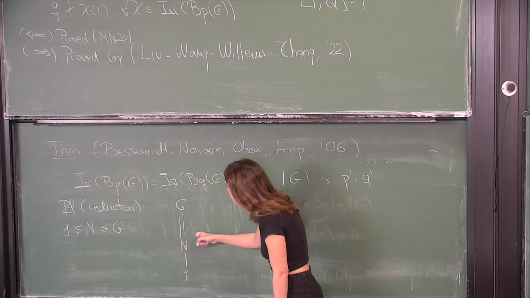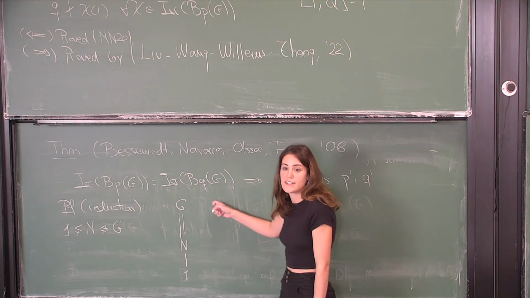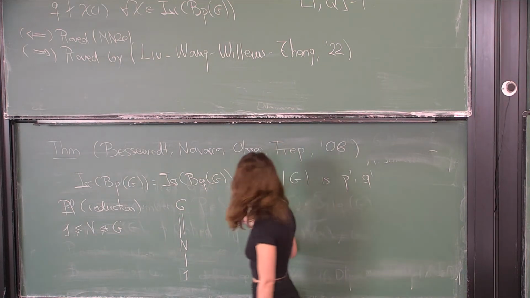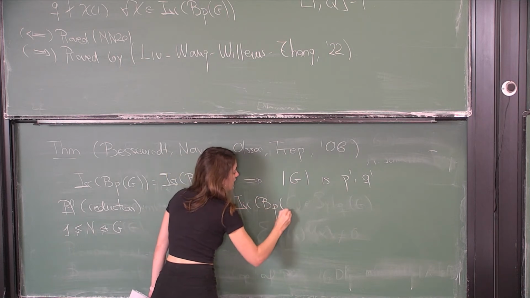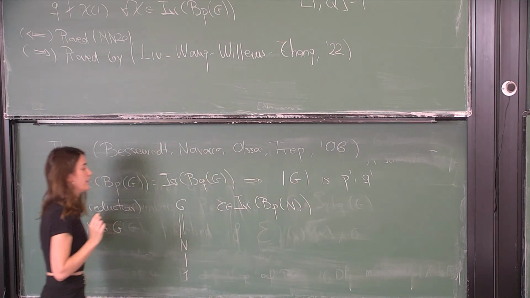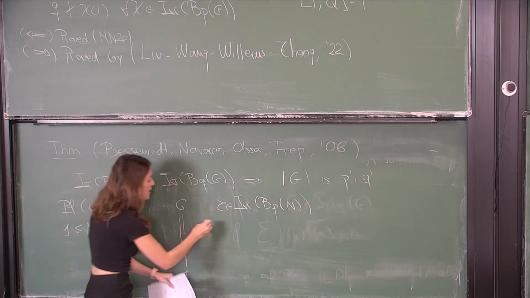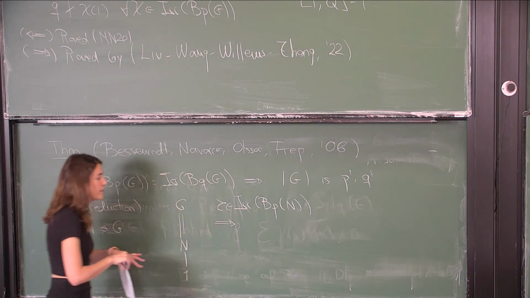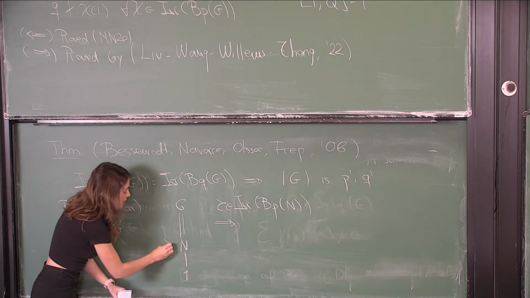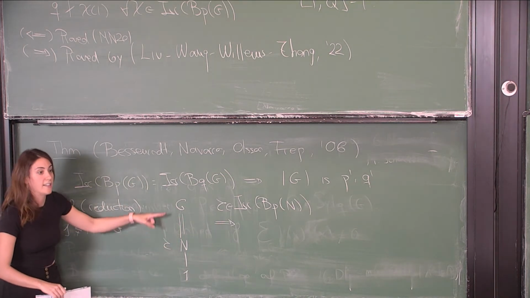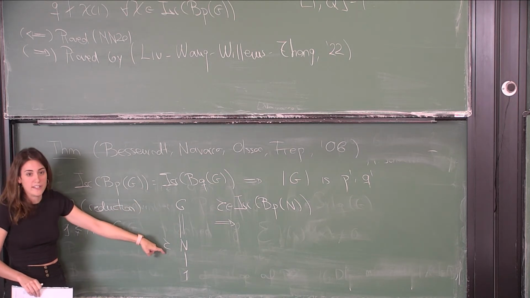So I want to prove that the principal P block of N is the principal Q block of N, and the same with the factor group G mod N. So we take an irreducible character tau in the principal P block of N, and then this is something that happens with principal blocks: we can always find a character chi in the principal P block of G that lies over this character.